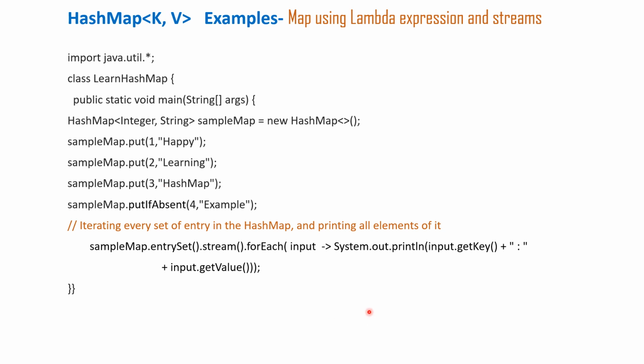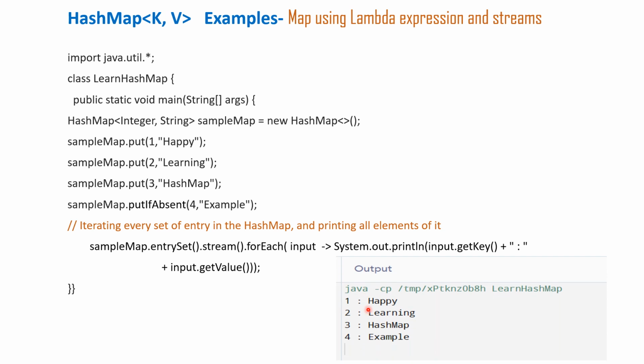Okay, so let's see the output. See, one colon happy, all the keys and their corresponding values are displayed to us. So this is a way of using the lambda expression as well as streams for the HashMap.